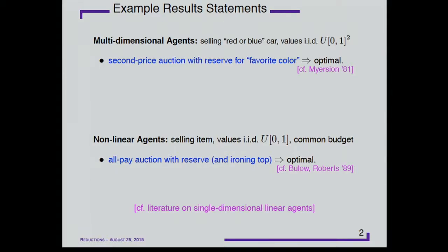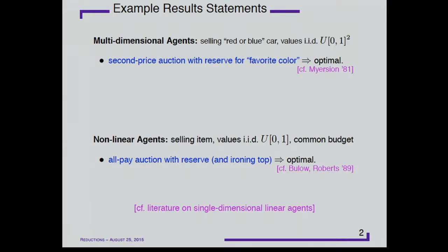It's an all-pay auction with a reserve price, meaning people who aren't willing to bid a certain amount aren't even considered. But there'll be what we'll call ironing at the top, meaning the high-valued agents will all bid the same amount. And if there is more than one that bids that amount, you'll pick a random one to win. So it'll be basically ironed.